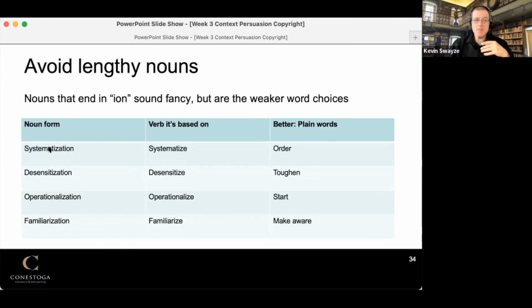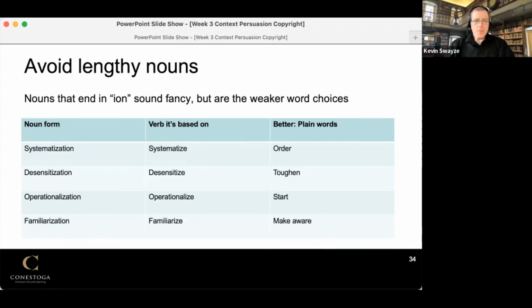We have, oh boy, systematization. Wow, that's how you order something. You put it in order. You run something. Desensitization. That makes something tougher. You're taking away how something is responding to a sensation. You're toughening it.